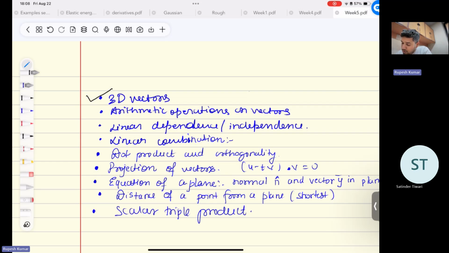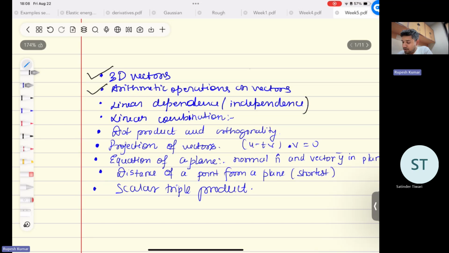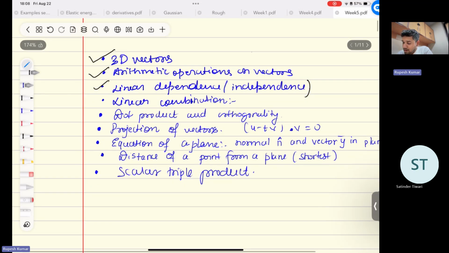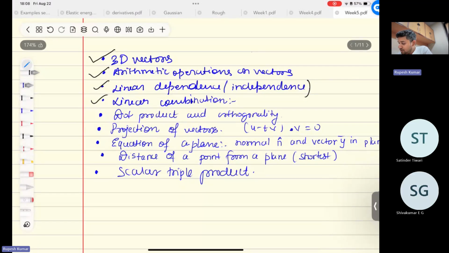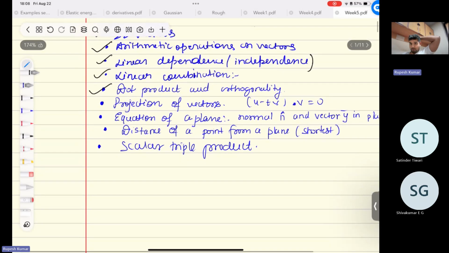Then what are the arithmetic operators on those vectors? Then the idea of linear dependence and independence of these vectors and the linear combination of the vectors. Again, we extended the formulation for dot product from 2D to 3D and the definition of orthogonality in 3D space.